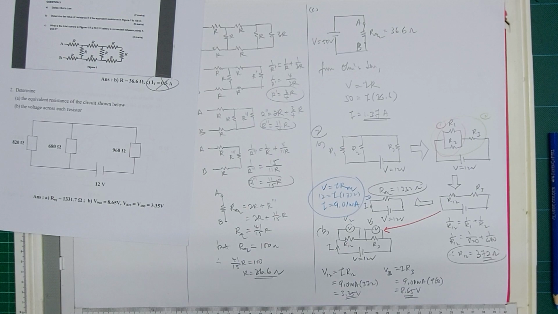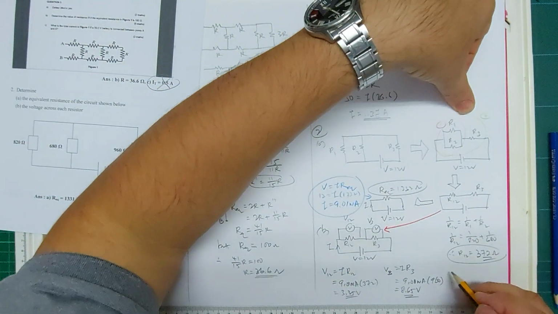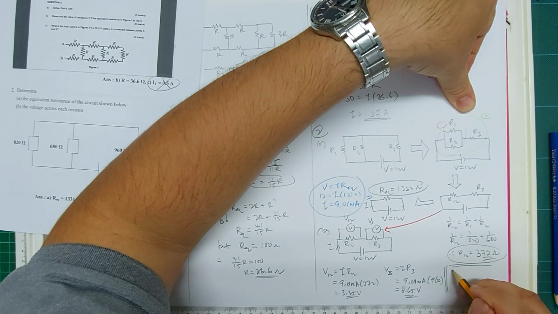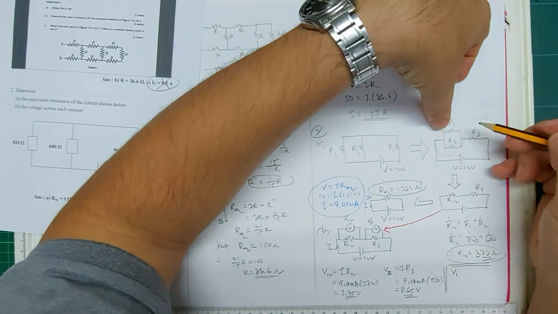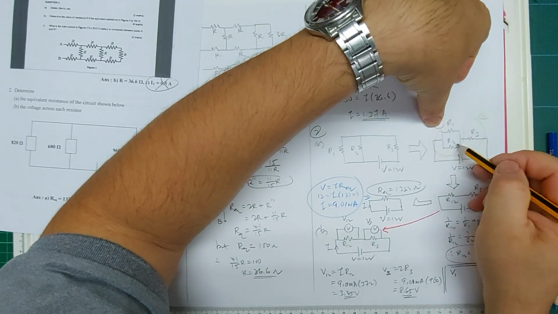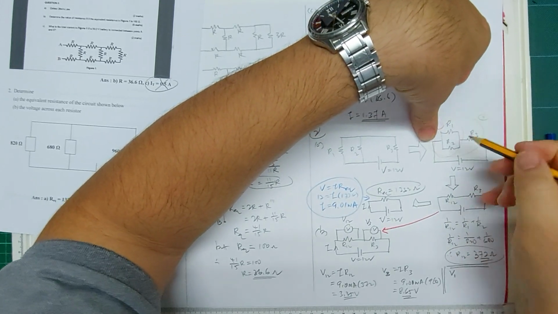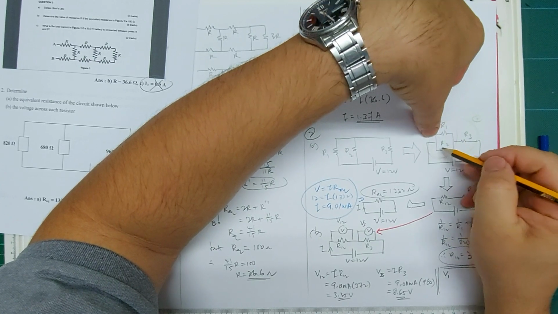All right, so now we know the voltage. Let's simplify here. R1 and R2 are parallel. We combine them and they become R12. If they are parallel, they are supposed to have the same voltage.